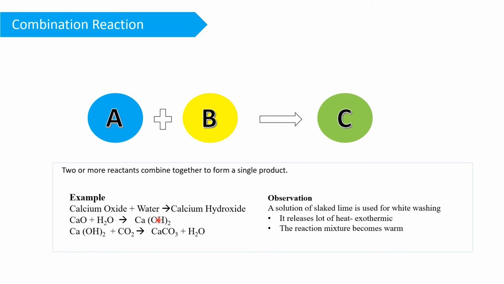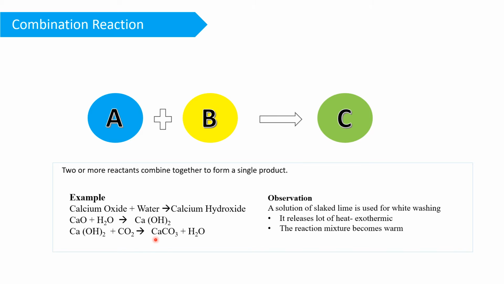So with calcium oxide, we add water so that it forms calcium hydroxide solution. This calcium hydroxide solution is used to whitewash the walls. What will happen after 1 or 2 days? This calcium hydroxide reacts with the carbon dioxide in the atmosphere and forms calcium carbonate. This calcium carbonate is responsible for the shiny appearance of the wall.